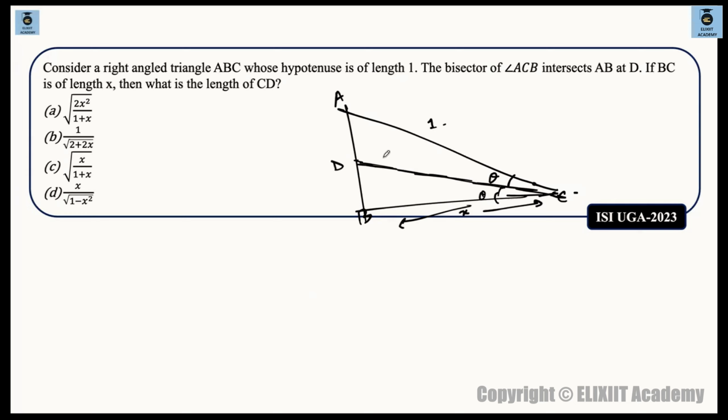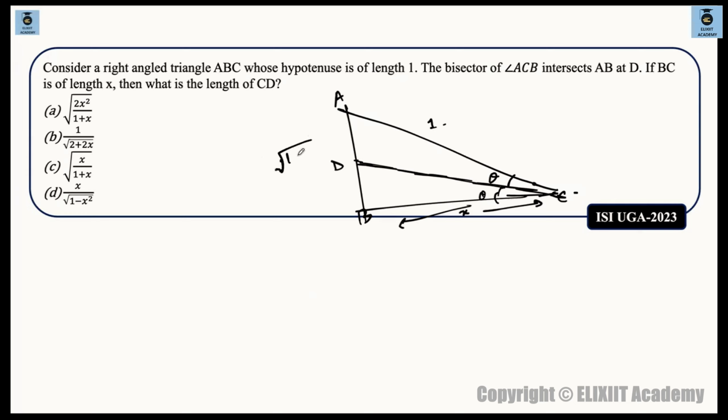Meaning, angle bisector is falling on which side? AB. So this AB side will get divided in the ratio of the remaining two sides, meaning 1:x, okay. So this side will get divided in the ratio 1:x, meaning AD is to BD will be 1:x. Also this length we can figure out using Pythagoras theorem.